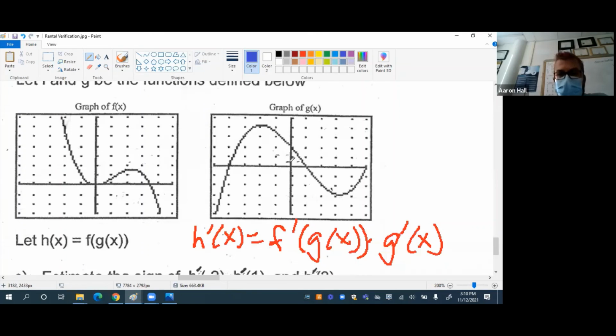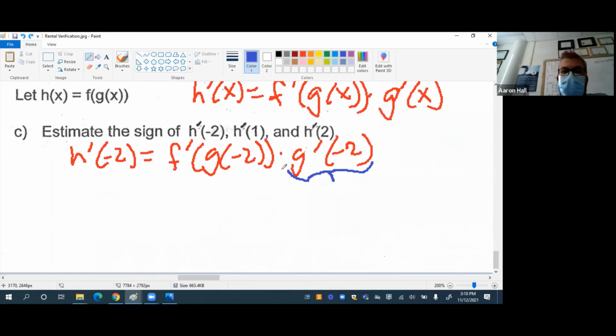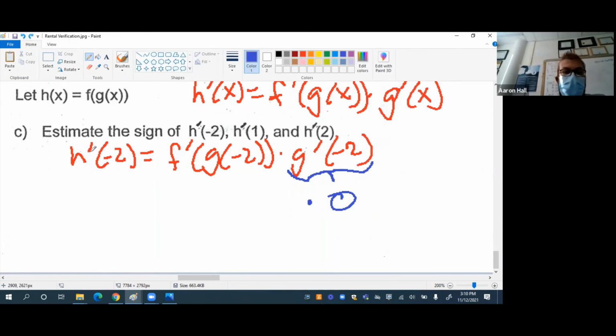Yeah, to me, it looks like a 0. I'm using my g function, g prime of -2, what's the slope? It looks to me like we have a horizontal tangent line. It looks like the slope is 0. So if this is 0, since we're multiplying, what happens to all of this? It's 0. So h prime of -2 is what? 0.